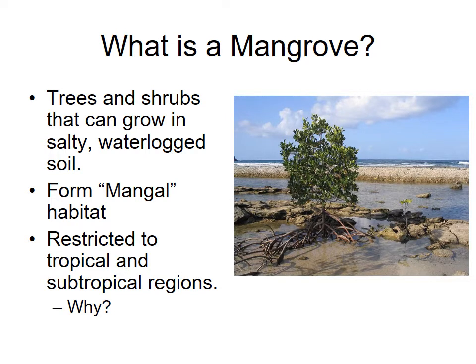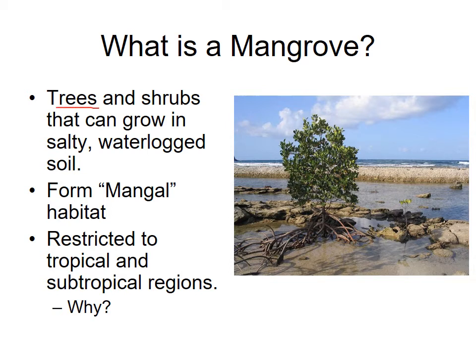Okay, so we're done with salt marshes for now, and we're going to talk about mangroves. Mangroves are kind of like a sister habitat to salt marshes because they both live in the intertidal area. But mangroves are different because they are woody. They're not herbaceous plants, they're woody vegetation.